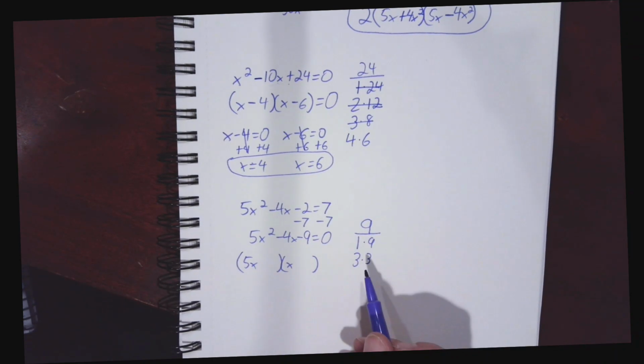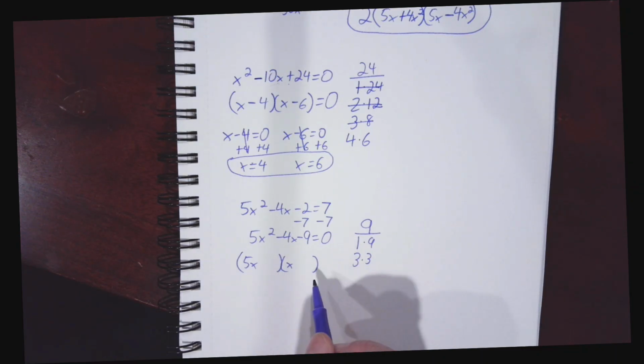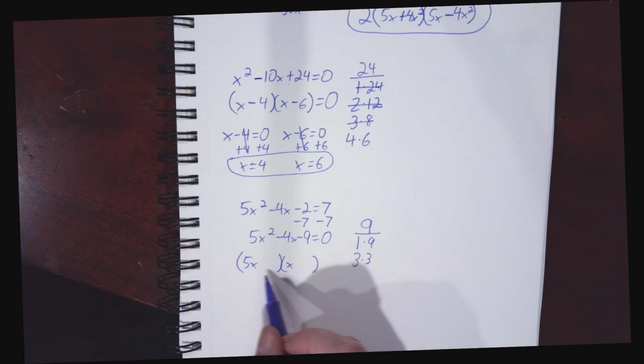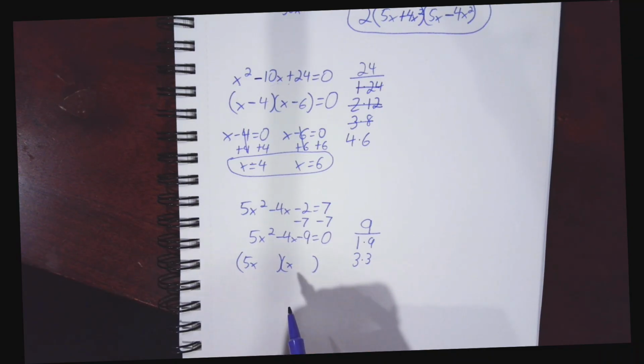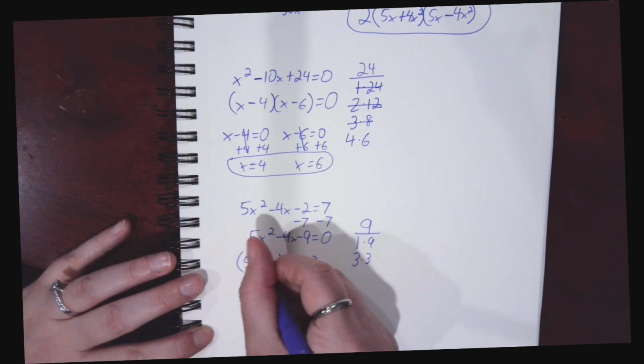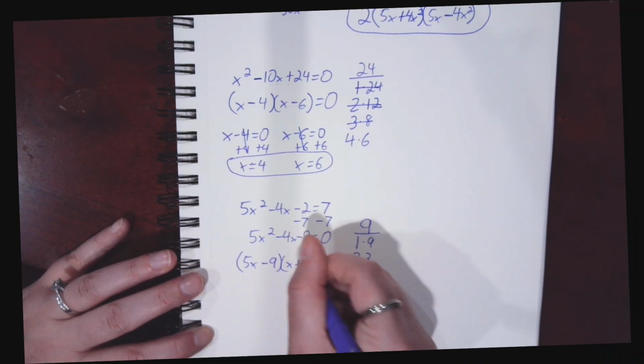Well, if I do 1 times 9, let's look at that. So I need a negative 4, so that means I have to have a negative larger number. What if I did minus 9 plus 1?